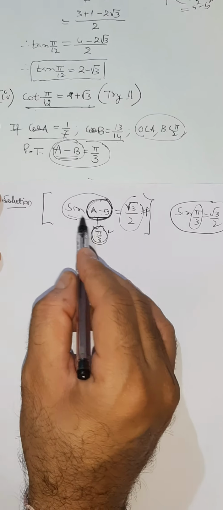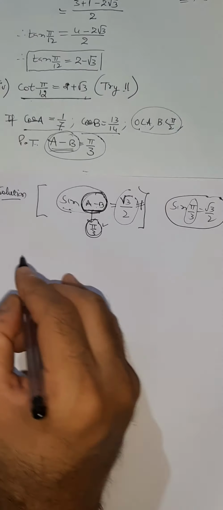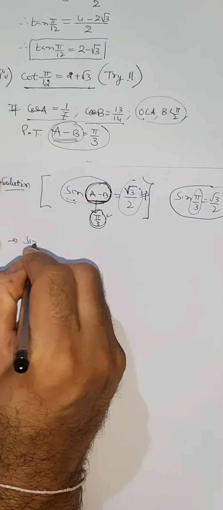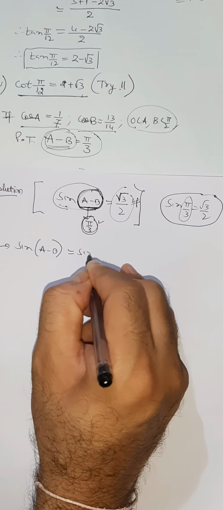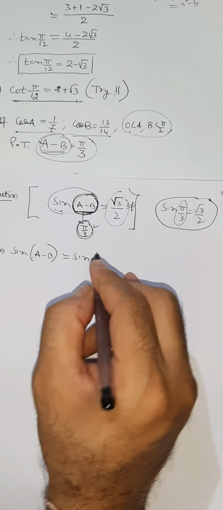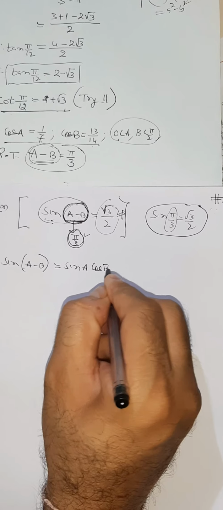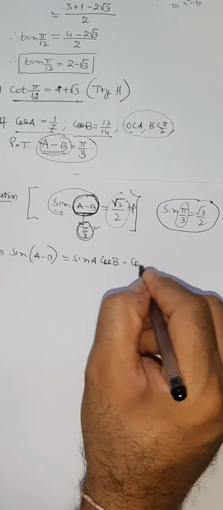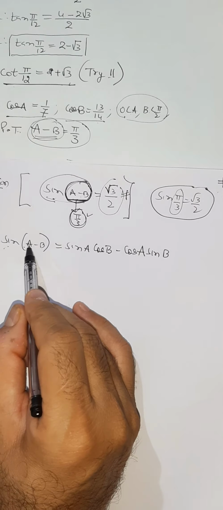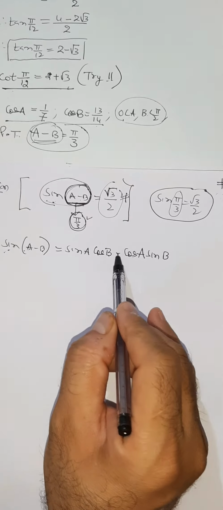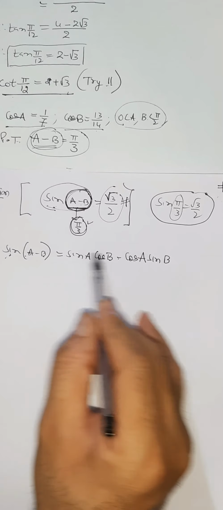So I'll start with sine A minus B. You know the addition formula for sine: sine x into cos y minus cos x into sine y.